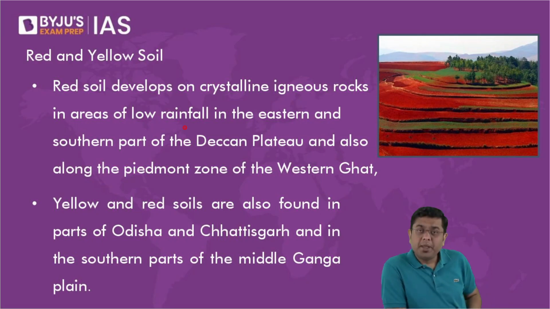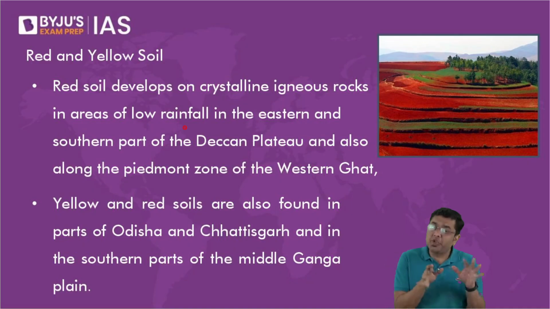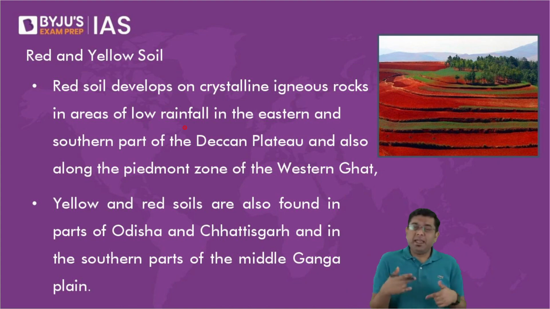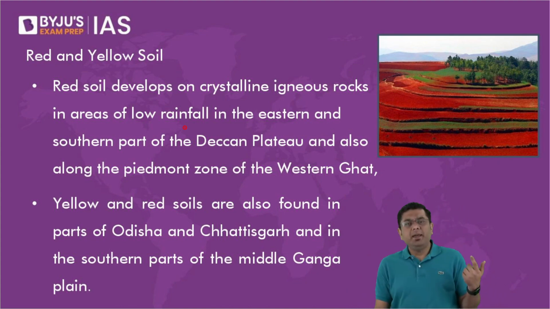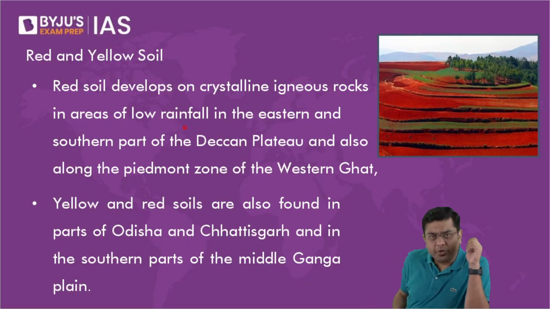So here, if both of them are formed by the same process, then why do we have a separate red soil and why do we have a separate yellow soil? So the basic formation is the same, but in areas which are drier, where the rainfall is not very high, there you will find the presence of red soil.